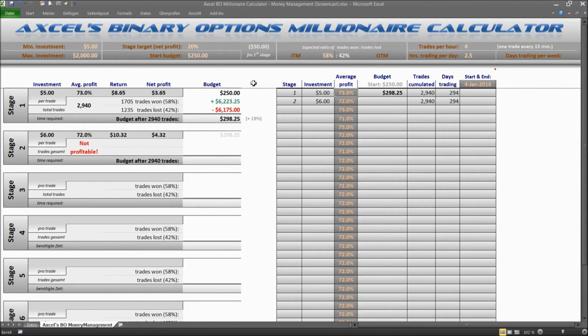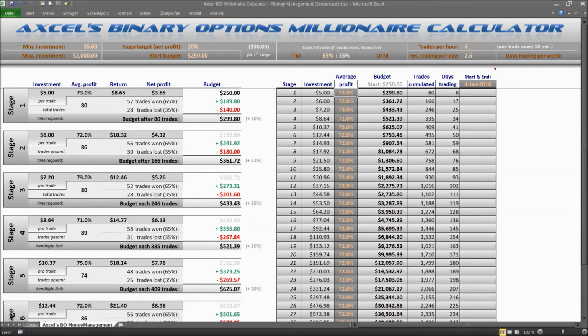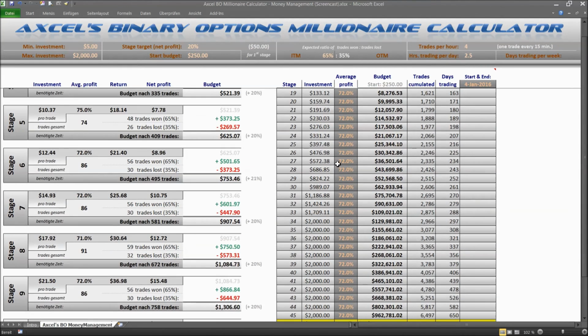And so that's why your success rate of the strategy is really important here and plays a key role. I put it back on 65, a little bit more optimistic this time, and I think this is now a good basis also for the calculation.